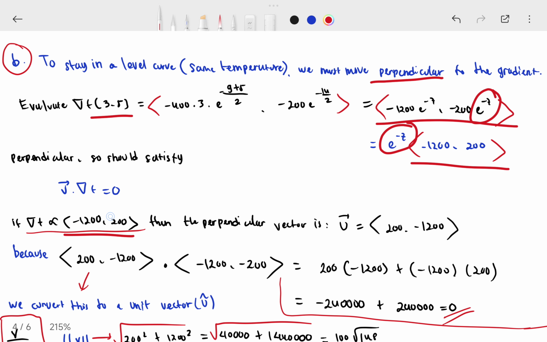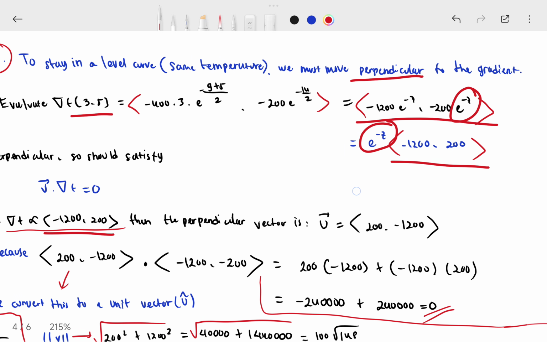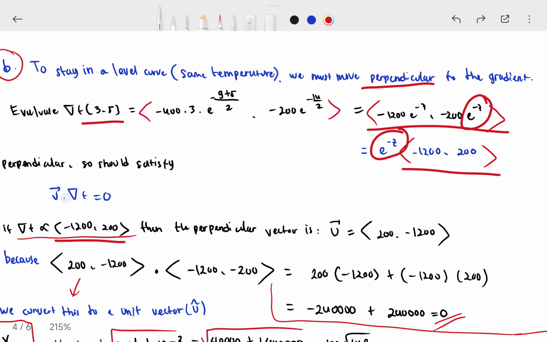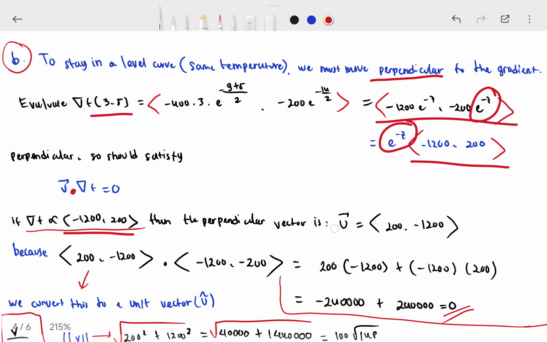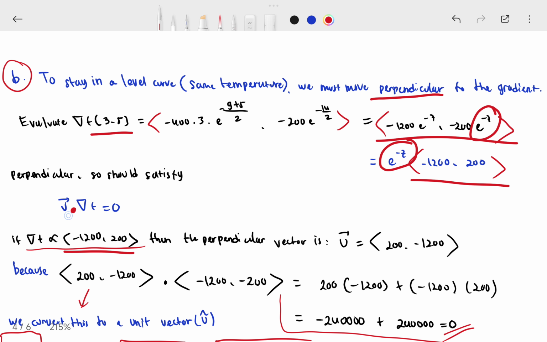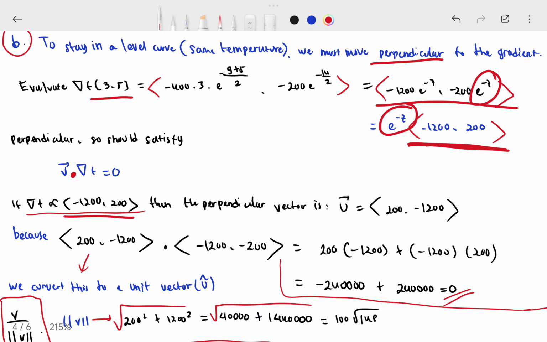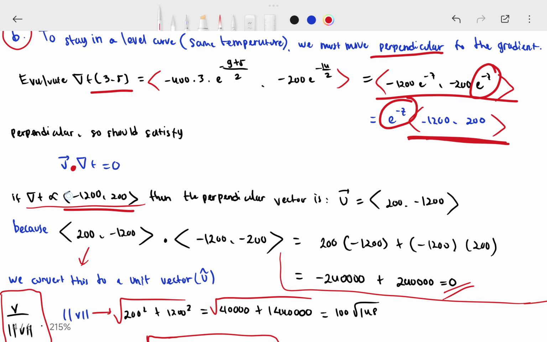It's not times, it is the dot product. If the vector v dot product with the gradient of T is equal to 0, then if we dot product some vector with this gradient, it will become 0. So the vector that we found is this one.